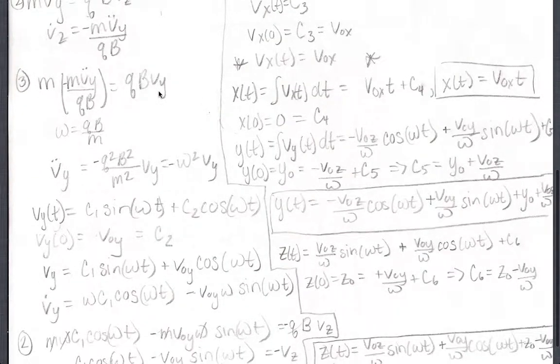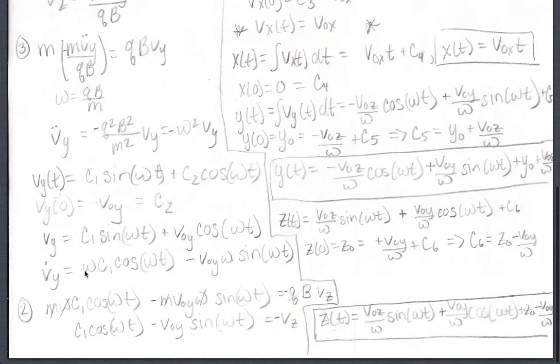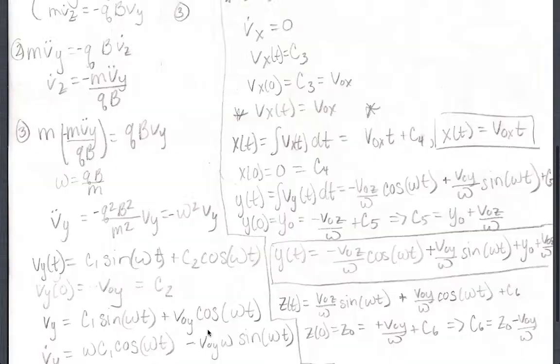And then we know from equation 2 that vy dot has this relationship with vz. So I took the derivative of vy, which is right here, and I put it into equation 2. And simplifying it, you get that negative vz equals c1 cosine omega t minus v naught y sine omega t.